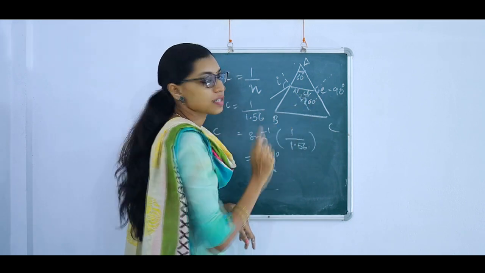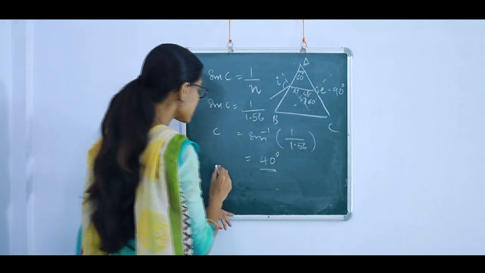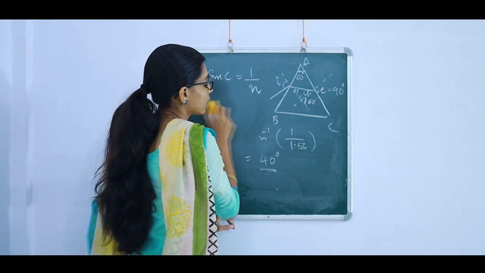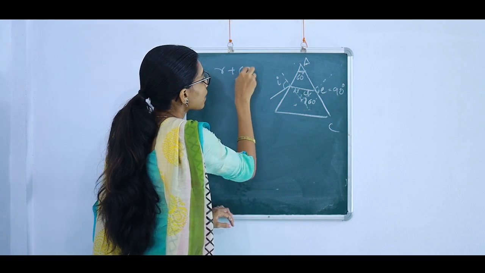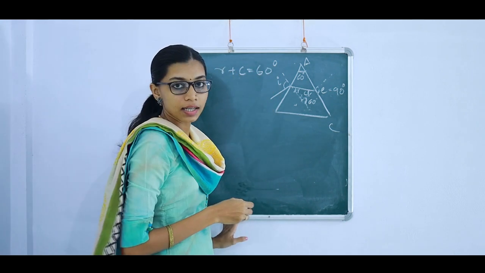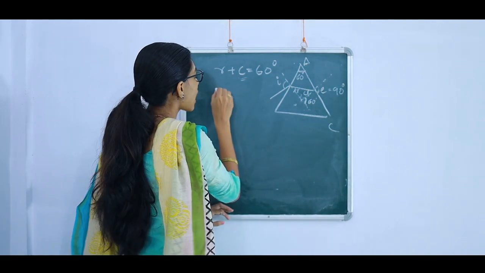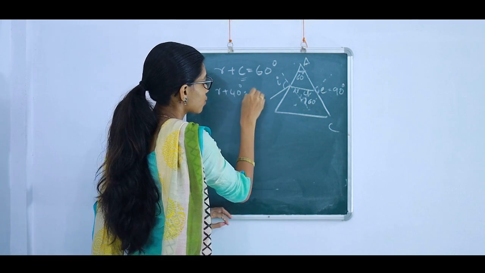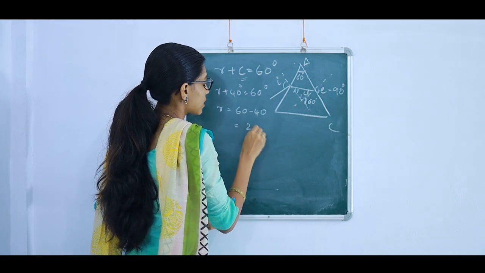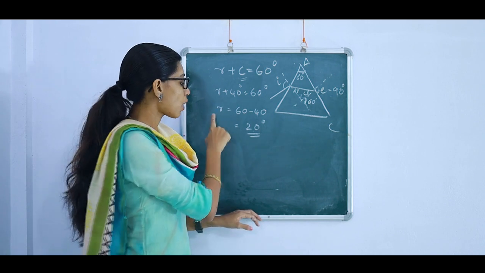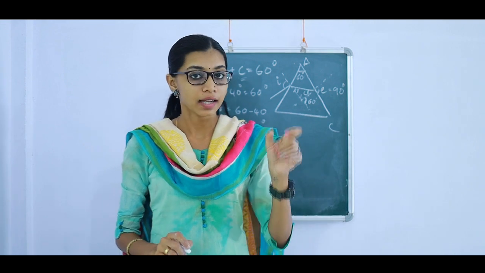So if this angle is 60 degree, by the exterior angle property, r plus C is equal to 60 degree. We know C already, that is 40 degree. So r plus 40 is equal to 60, so r is equal to 60 minus 40, that is 20 degree. So r is equal to 20 degree, that is the angle of refraction at the first surface.